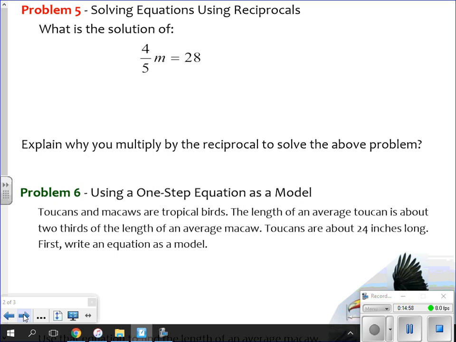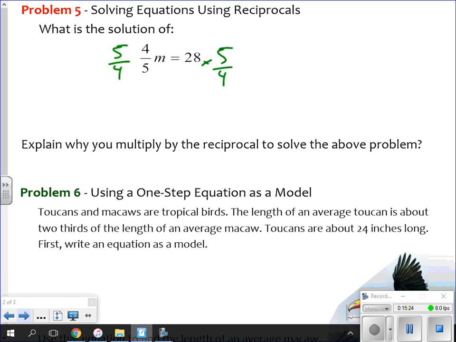So I want to multiply by the reciprocal of 4/5. What do I do to find the reciprocal? I flip it over. So that means I multiply both sides by 5/4. Multiply by the reciprocal. And if I multiply one side by 5/4, what do I have to do to the other side? Multiply by 5/4.